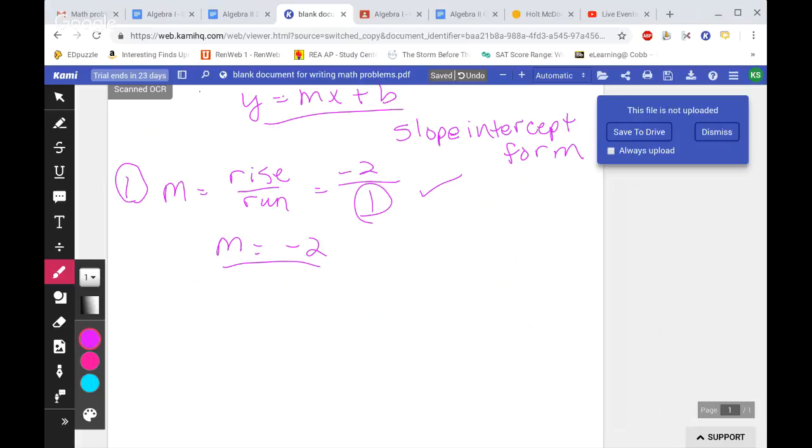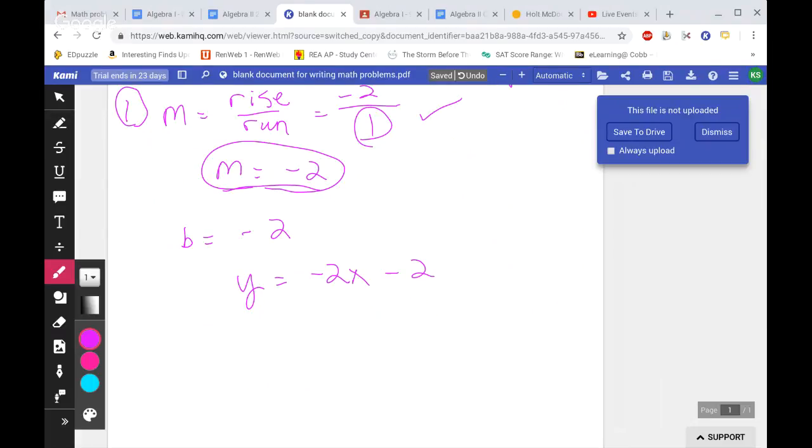All right. Where does number 15 go through the y-axis? -2. -2. So I'm going to plug in those values. And that's my answer.